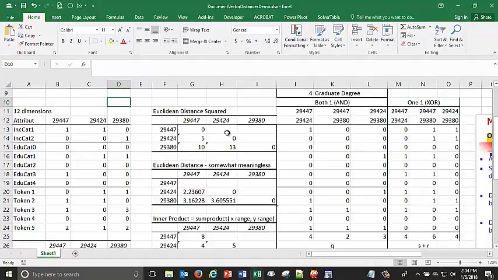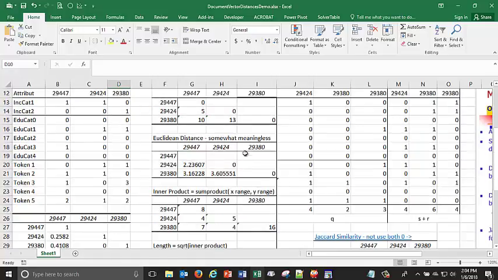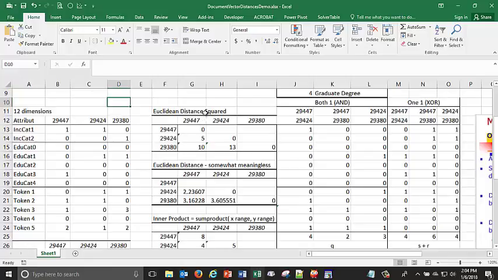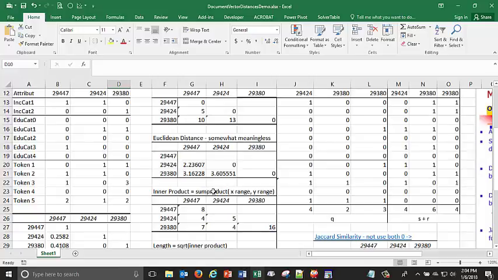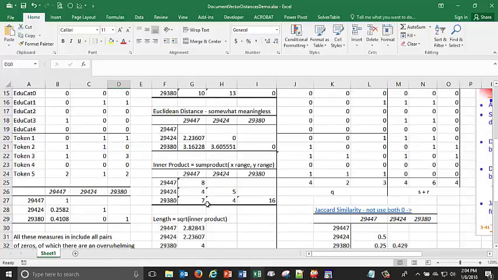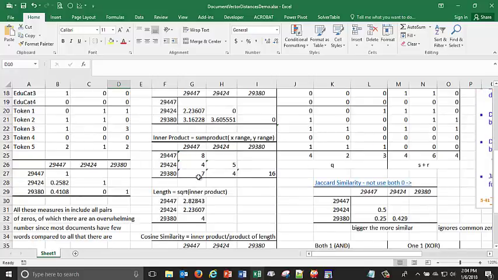What I have here now are my recoded vectors, and these two are Euclidean squared and Euclidean square root. Inner product is what you use to calculate cosines, and so the inner product measure has 1 and 3 to be the furthest apart, 2 and 3 to be somewhat closer.